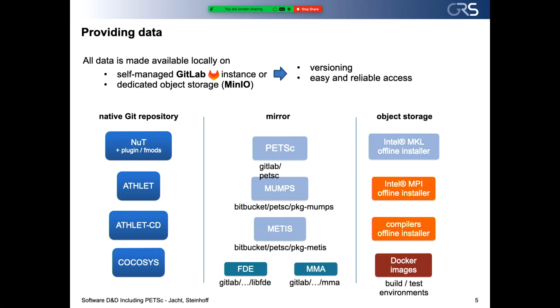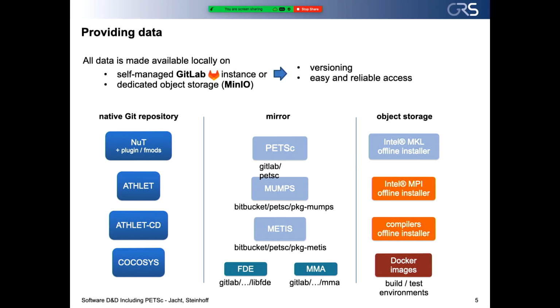And the NUT repository also provides the code for the plugin and the fmods, just because it makes sense to have everything in one place. Because plugins and fmods could be used by many applications, it makes no sense to put them in the repository of these applications. Then you have to maintain them k times, and you only want to maintain them one time.